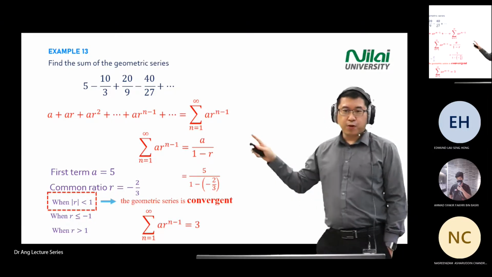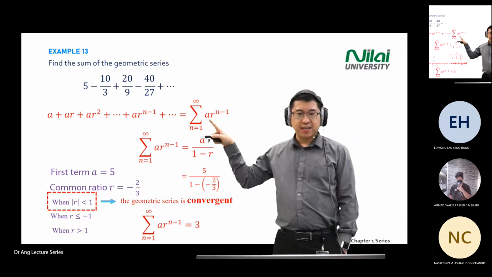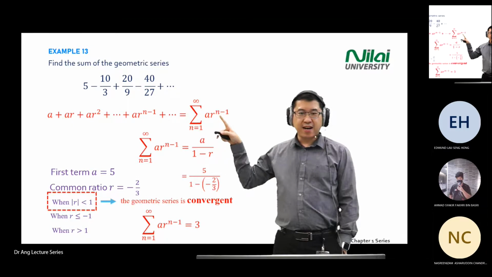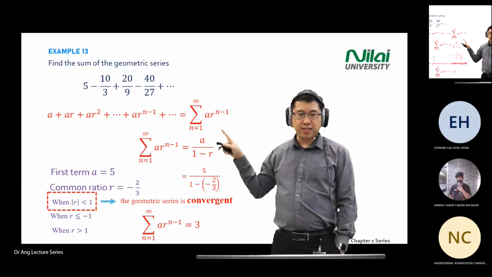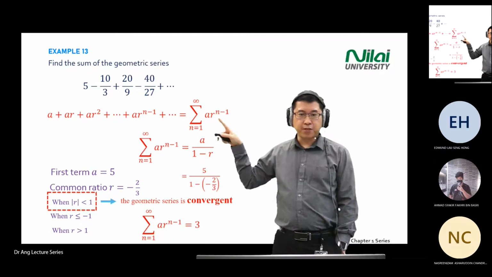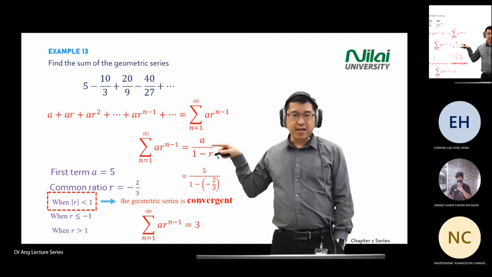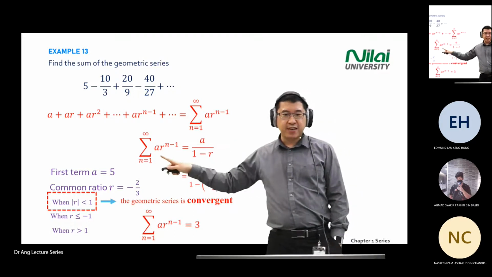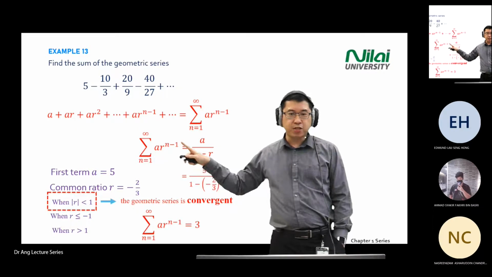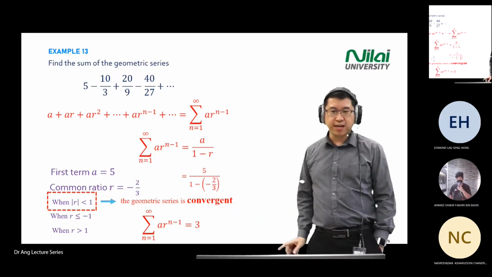I've seen a student who even wrote the wrong equation. If you're given a geometric series, the student even copied the wrong equation. A, R, N, he wrote positive 1. So he lost the first mark. This one, he copied wrong again. He wrote A, R, N plus 1. He wrote this one also wrong, lost the second mark.